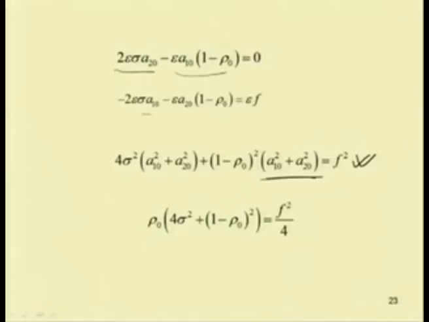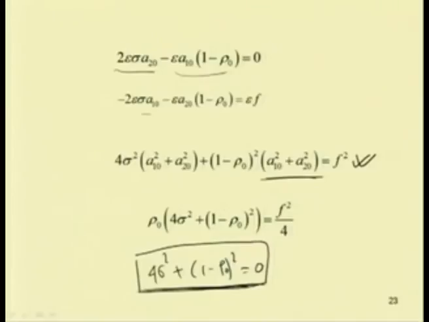This equation shows that if the external amplitude is equal to 0, the equation reduces to 4 sigma square plus 1 minus rho 0 whole square equal to 0. So, this is the equation of a circle with center at 1, 0. For the case of external forcing equal to 0, one can find this frequency equation.